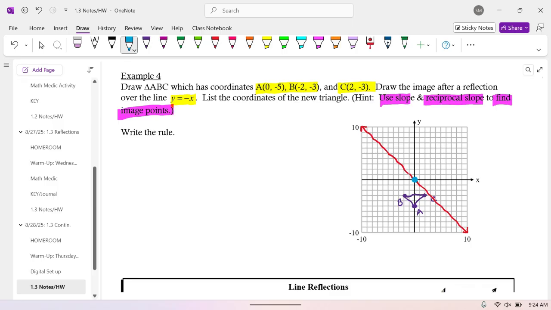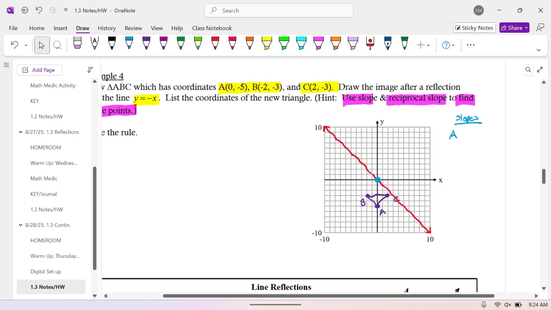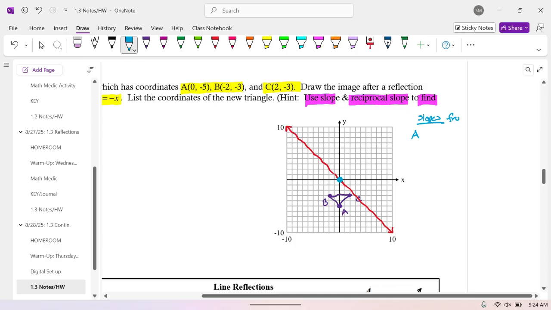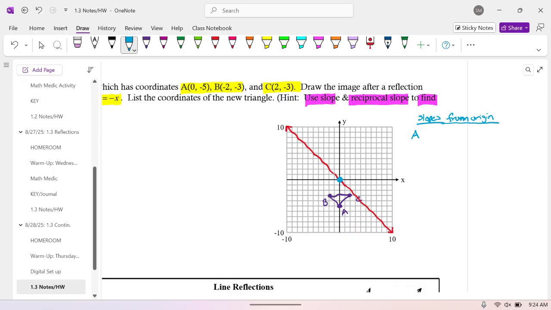All right. So let's start with A because that's the easiest one. So if we start with A, we're doing our slopes. So slopes from origin. All right, and remember, that's rise over run.